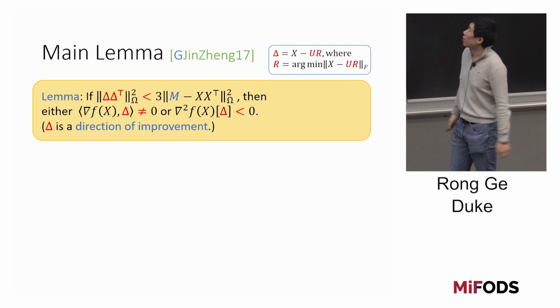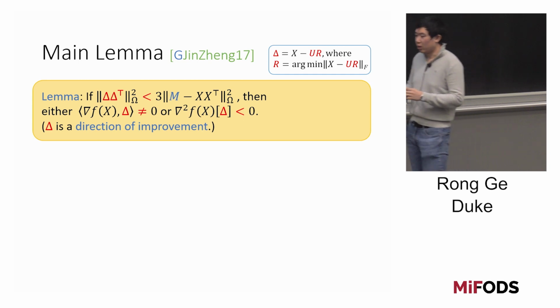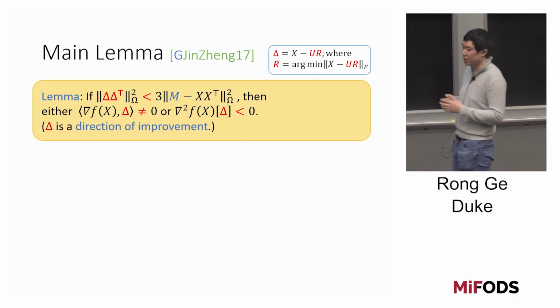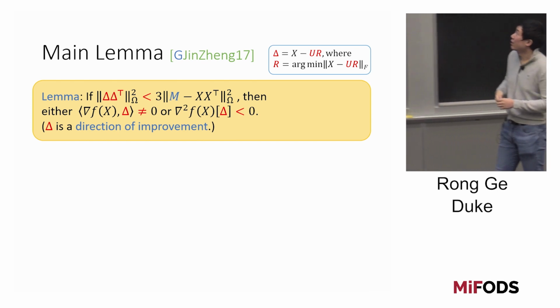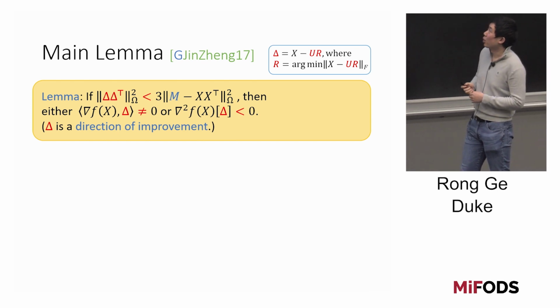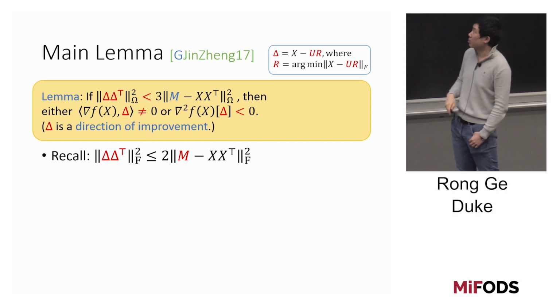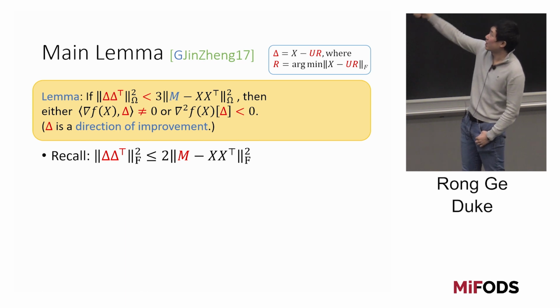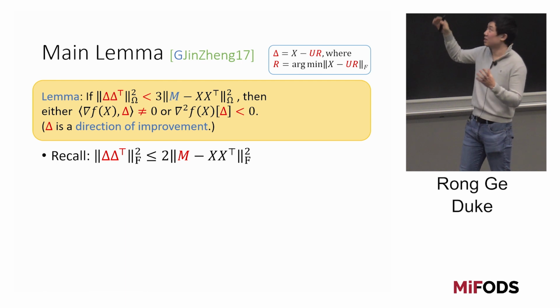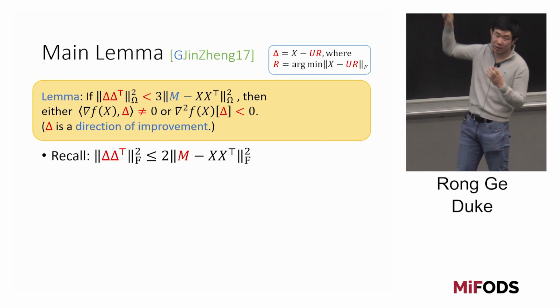Okay, so in our later paper, we actually proved this lemma that says if delta transpose omega norm squared is smaller than 3 times M minus XX transpose omega norm squared, then delta is a direction of improvement. So why is this useful? Well, remember we have this property about the Frobenius norm squared, right? The left-hand side and right-hand side are exactly the same factors, except the coefficients are different.